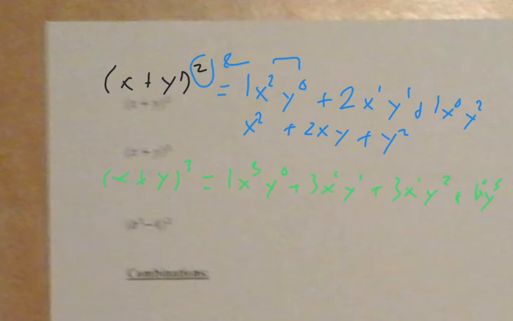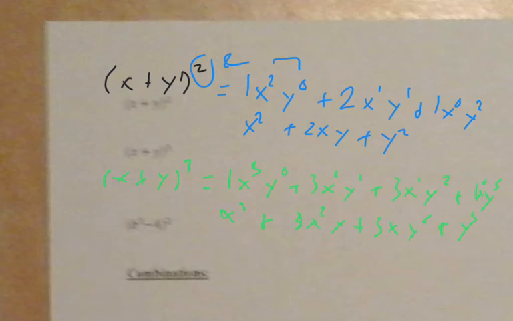When we simplify this, we get x cubed plus 3 x squared y plus 3 x y squared plus y to the third. So it's a really cool way to simplify binomials.